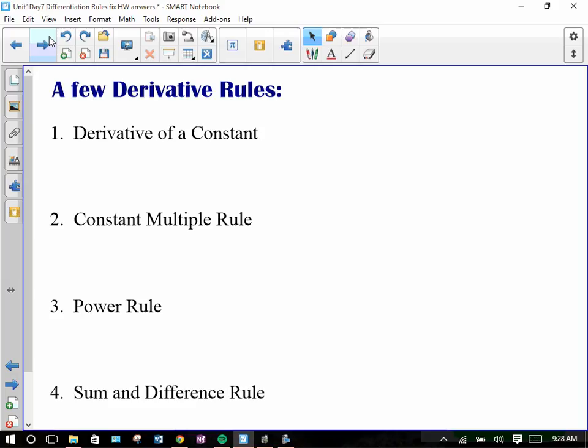Okay? So, the first rule that we have is the derivative of a constant. A constant function is where you have something that's just like y equals 7, or f of x equals -2. And we represent the constant as c.